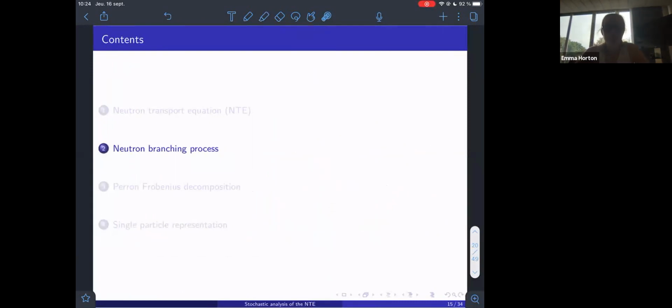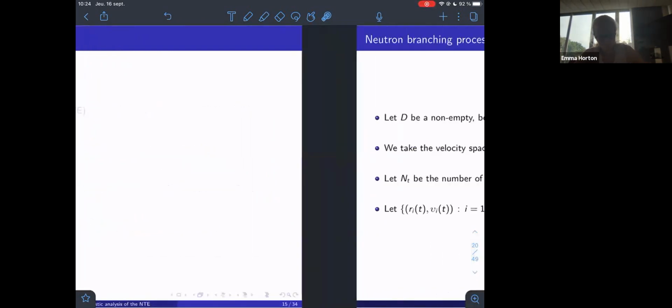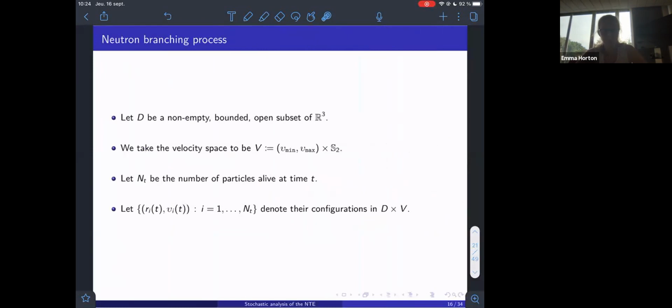So now I'm going to define the branching process that we will use to model this system of neutrons. First, just to fix some notation, D is a non-empty bounded open subset of R^3, which is going to be the spatial reactor.